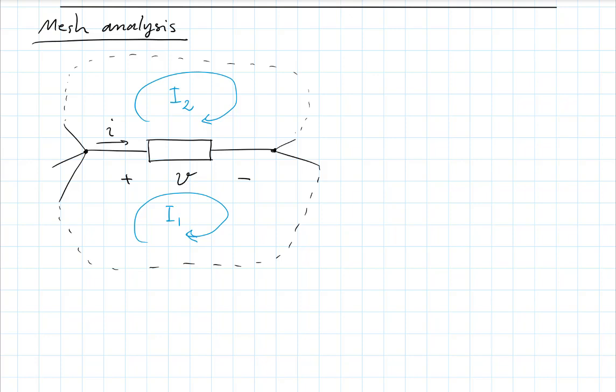If you now zoom into this element, you will see that due to current I1, there is a bunch of positive charges going from left to right in the element. And due to current I2, there's a bunch of positive charges going from right to left. That's how to visualize that the current I is the difference of those two currents.